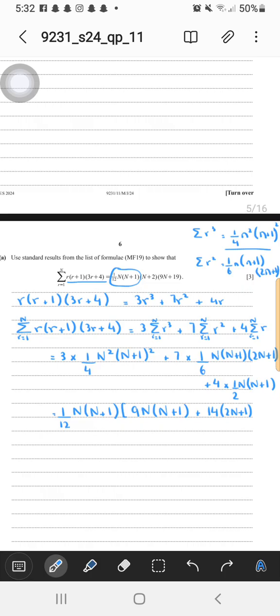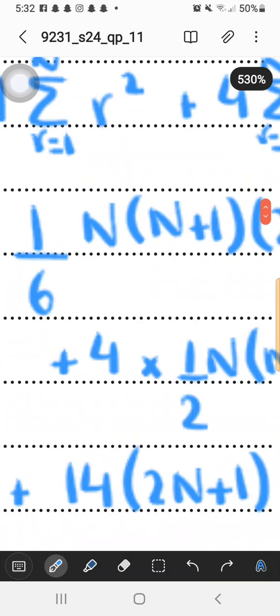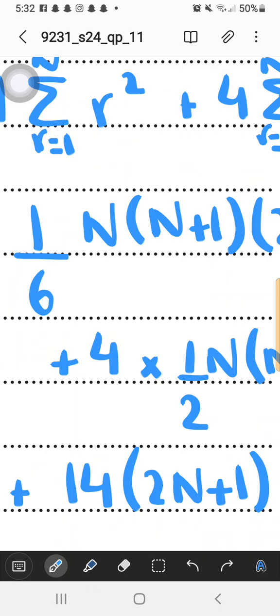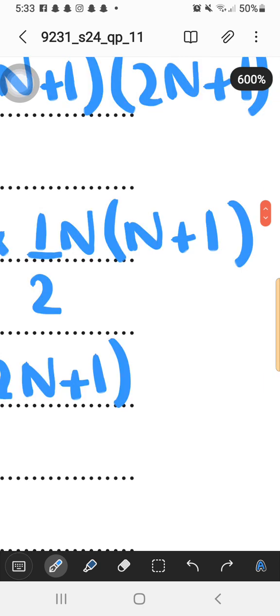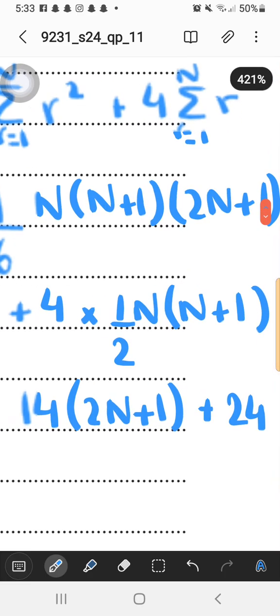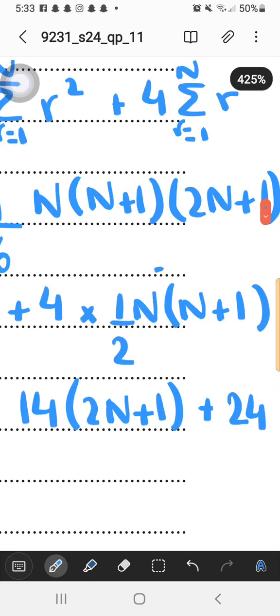The factor will be 2 upon 4, as this is 4 upon 2, which is basically 2. Then 2 divided by 1 upon 12, so it becomes 24. So write plus 24. Why only plus 24? Because this n and n plus 1 got factored out.